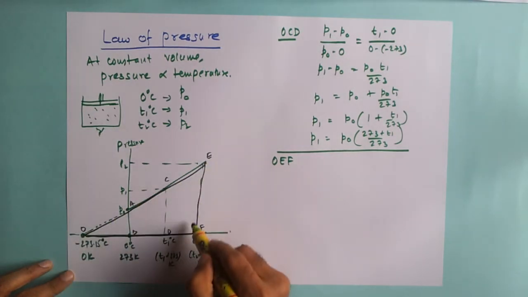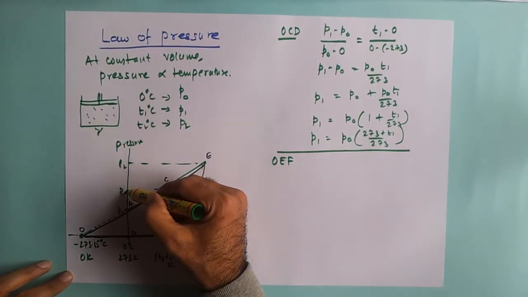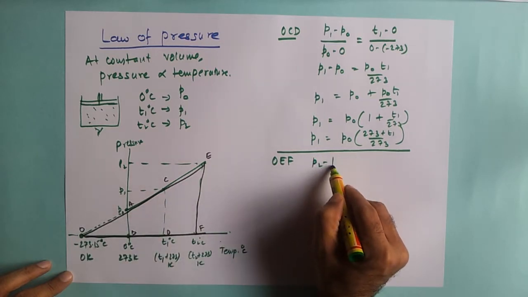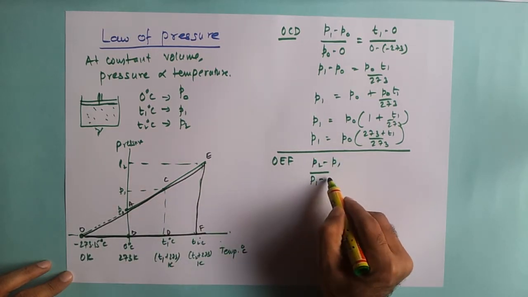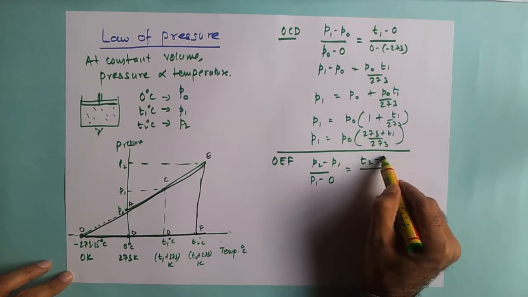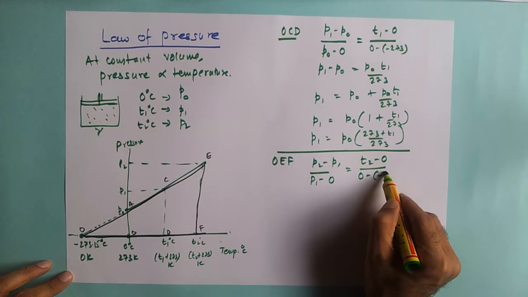Next we'll focus on the triangle OEF. Here we get P2 minus P1 upon P1 minus 0 is equal to T2 minus 0 upon 0 minus minus 273.